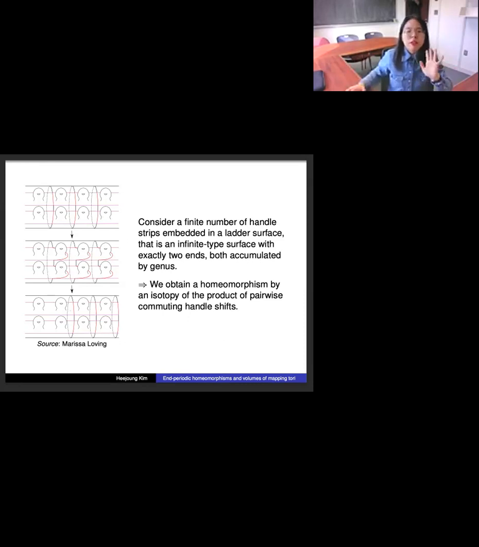Note that Patel and Vlamis showed that handle shifts and twists topologically generate the pure mapping class group of an infinite type surface. Here the pure mapping class group means the subgroup of the mapping class group consisting of elements that fix the ends.